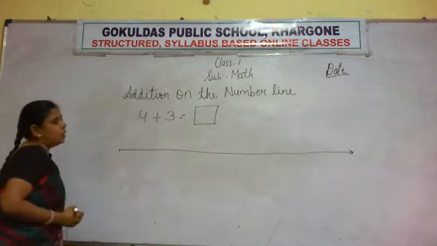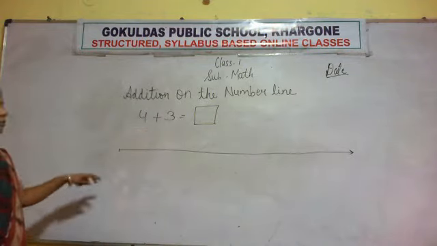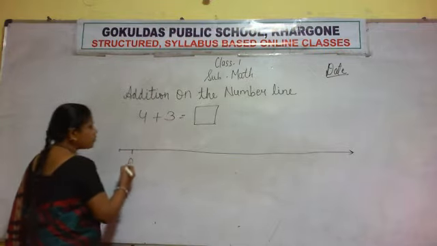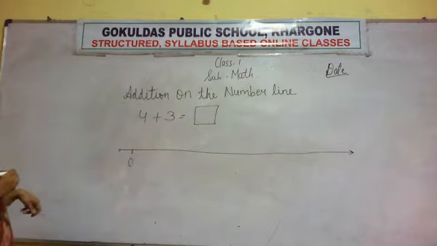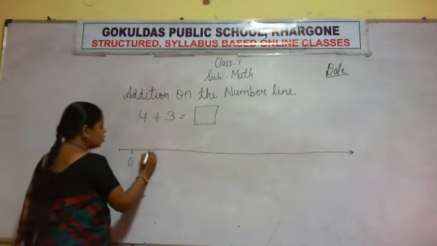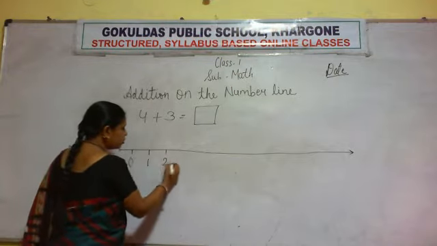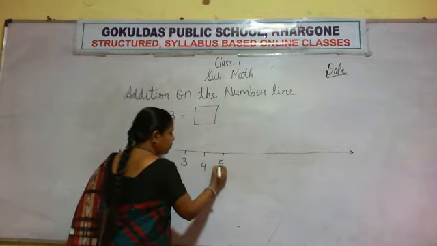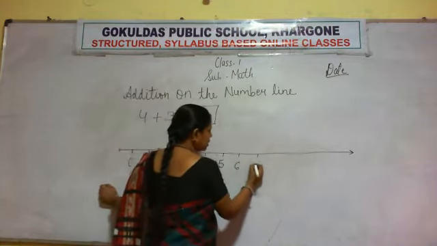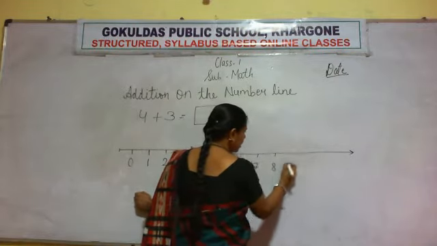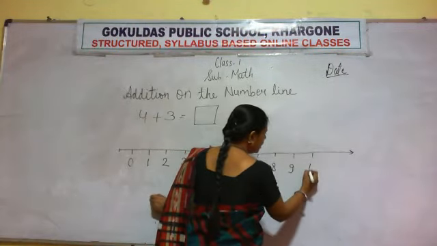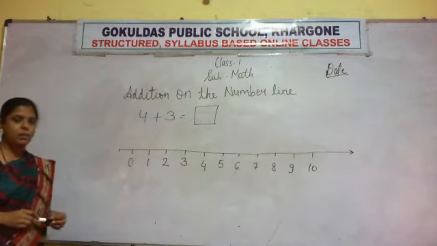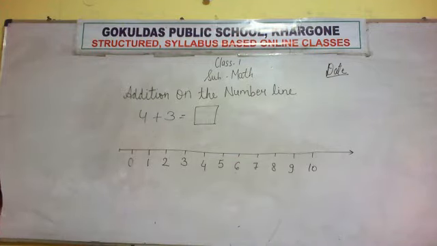This is a number line, and we write numbers from 0 to 10 on it: 0, 1, 2, 3, 4, 5, 6, 7, 8, 9 and 10. In this way we write numbers on a number line.